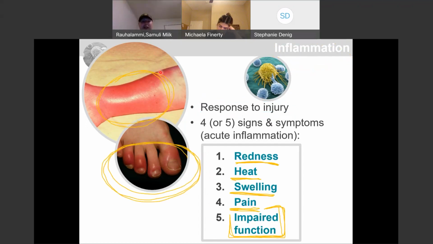First of all, we see that the site that's inflamed is typically red in color. That's because we're bringing a lot of blood to that site. The reason why we bring a lot of blood is that we want to get a lot of white blood cells to deal with those pathogens on that site. So the redness is the color. If you don't have any blood underneath your skin, you look white, really.